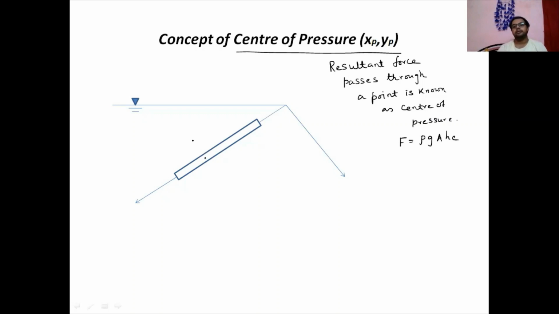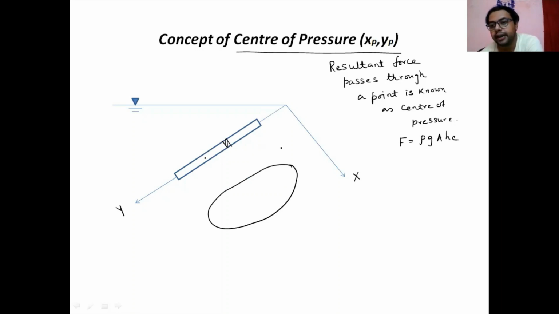How could we find it out? We can find it out the same way. First we consider the same thing. Our surface was like this. Again, we have to go for Varignon's theorem. You know Varignon's theorem? We are talking about Varignon's theorem.